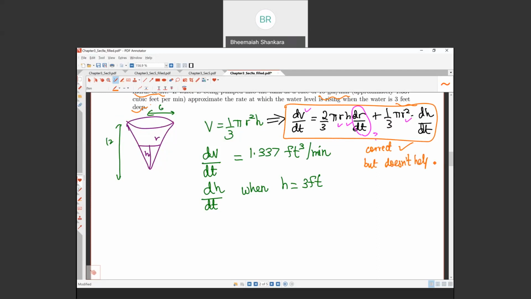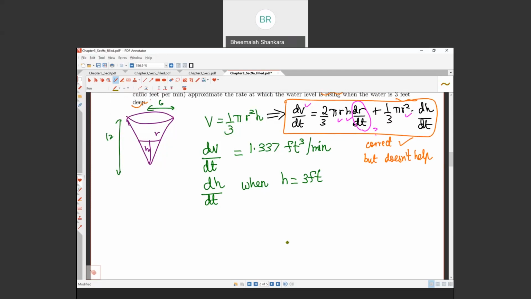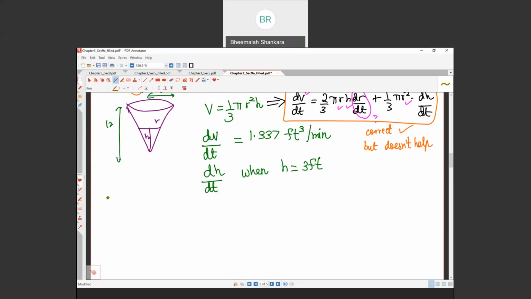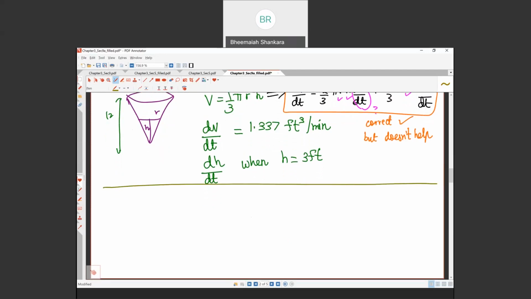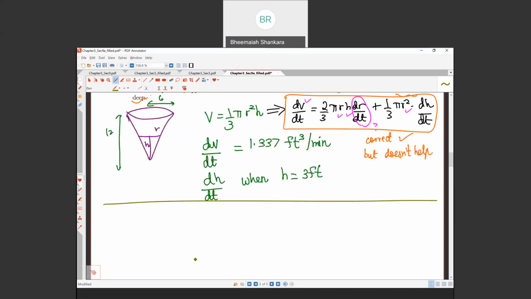So let's think of a different method. Let's try the similar triangle method like the previous example. So I'm going to use similar triangles. I'm going to consider this piece of the triangle from the cone.